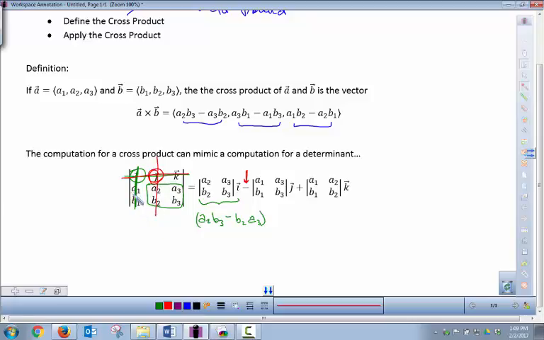And what I have left is A1, B1, A3, B3. So A1, B1, A3, B3 is what I have left over. But there's still a negative sign in front of that.